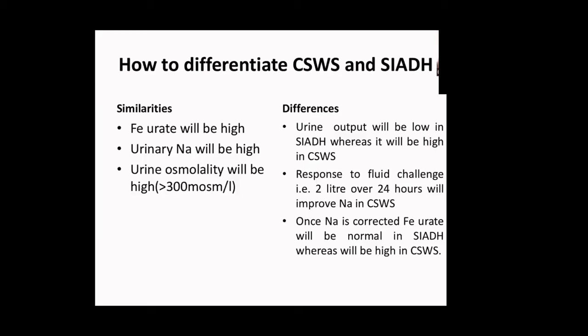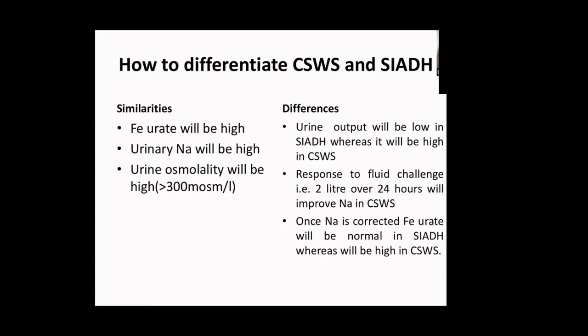See, in salt wasting syndrome, the numerator is solute, that is sodium, so it will be high. In SIADH, the denominator, the water, is high. The amount of water which the body is trying to conserve is high, so the amount of water in the urine is low.